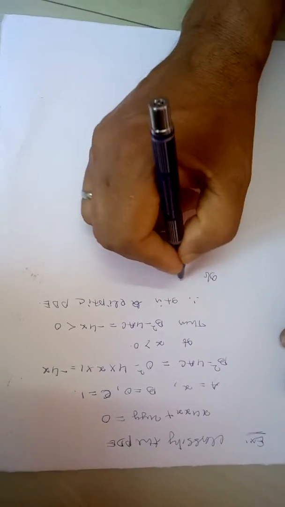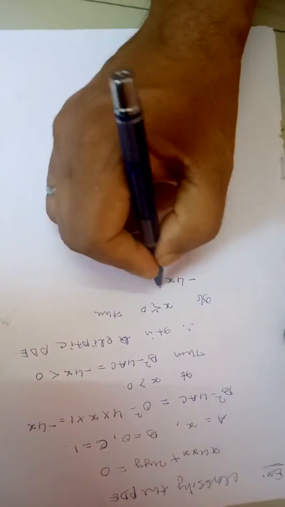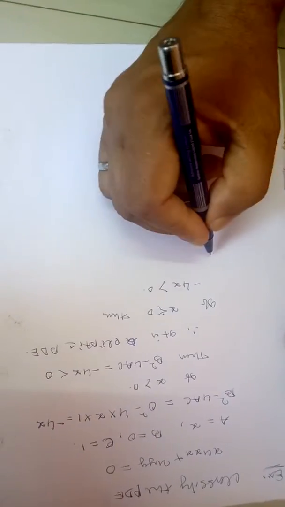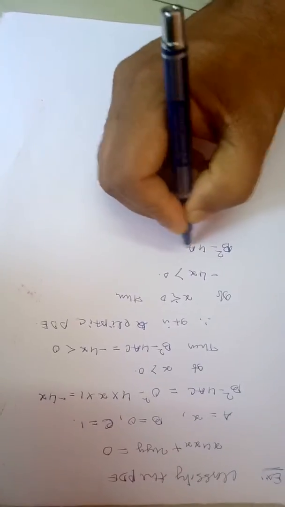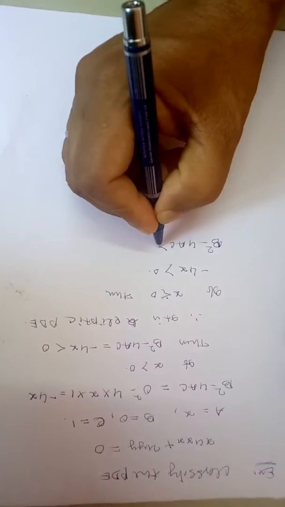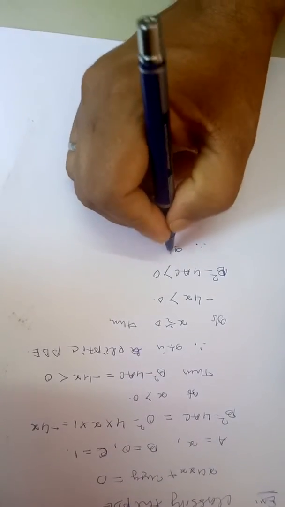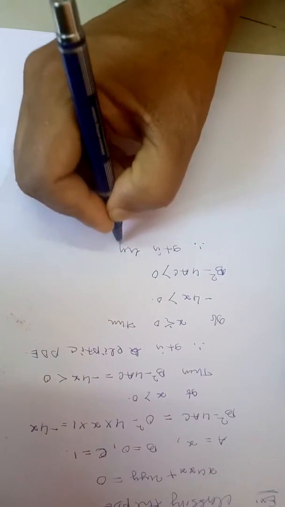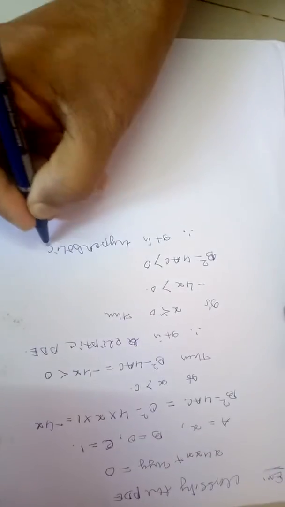If x is less than 0, then minus 4x will be greater than 0, and as a result we can say b square minus 4ac is greater than 0. Therefore it is hyperbolic PDE.